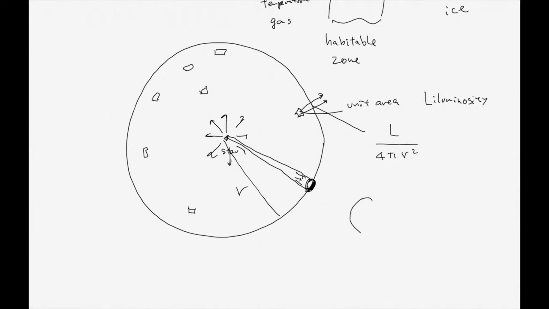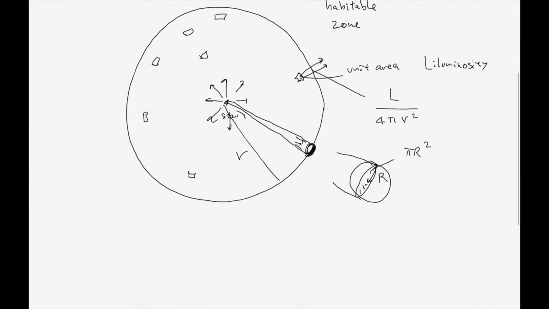Then you can consider the particle radius as capital R. The area covered is pi R squared. This is the region for a particle to receive light from the host star.